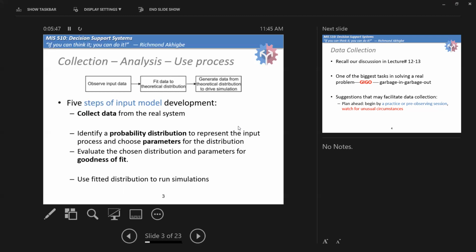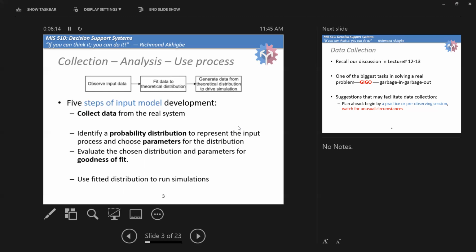Then you do something called a goodness of fit test. The goodness of fit test is beyond our scope, so we will not be doing it. But it is a statistical test that shows the quality of fit, whether it's a high quality fit or not a very high quality fit, and how much trust you have in that distribution.